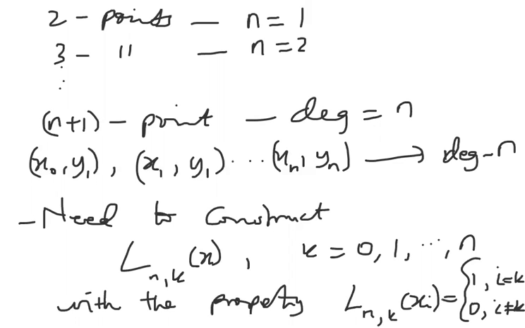Now, this property is saying if this k is equal to the i that you have there, then the value of L_nk at xi should be equal to 1. If they are different, then it should be equal to 0. Okay. This is something that we are able to see from the example that we looked at.